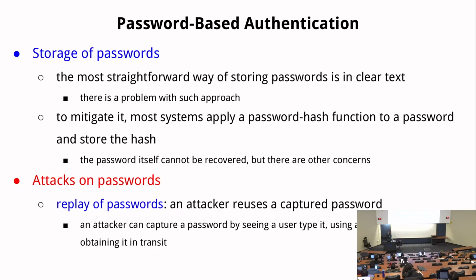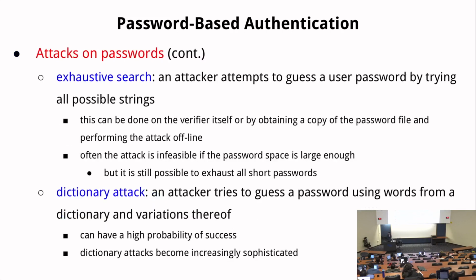The weakness of this kind of password is obviously that they are subject to replay attacks, which means if your password is compromised, then the attacker can use it. You can replace that, right? So what the attacker can do, if they get the hash value of the password by compromising the website, they do not get the plain text password, they only get the hash value.